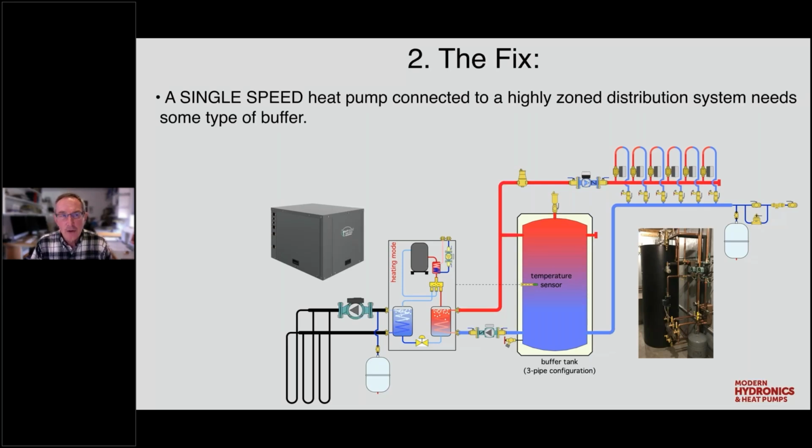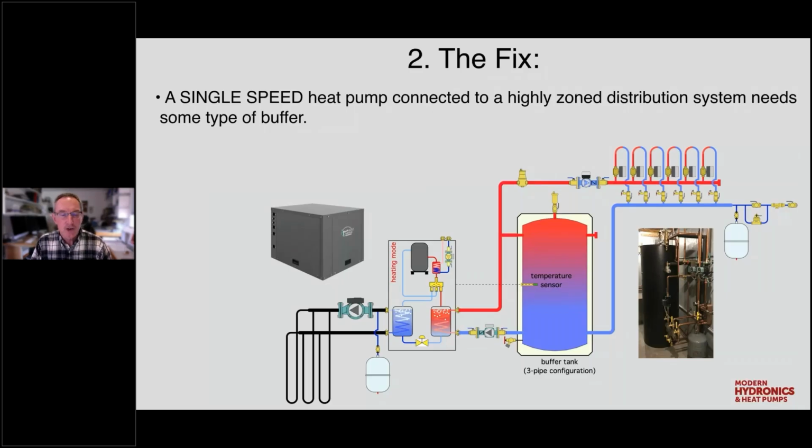If it's a zoned high mass distribution system, like a radiant floor slab, we'd have to look at that and see there may be enough thermal mass in the individual zones of that slab so that we don't necessarily have to bring a buffer tank into the picture.